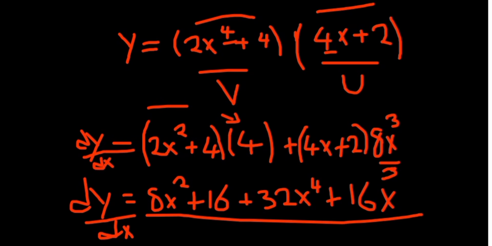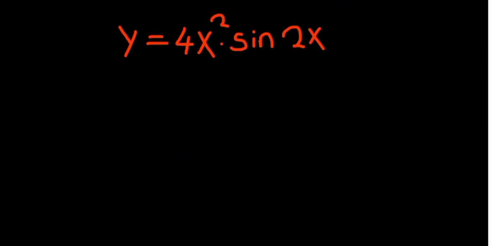So let's have a second example. The second example focuses on the product of 4x squared by the trigonometric function sine 2x. Of course, the differential of such a function is, first of all, write your v. In this case our v is going to be 4x squared. Then it should be multiplied by the differential of the other part.